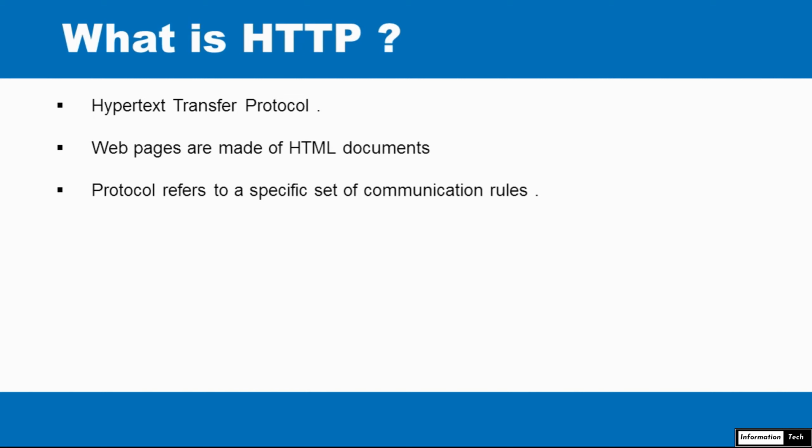There are so many different types, but the common protocols are TCP/IP, and HTTP is also a protocol. Another protocol that you may or may not have heard of is called FTP, which stands for File Transfer Protocol. That's basically used to transfer files on the internet between computers. So protocols are basically a set of communication rules used to communicate over the internet or between computers.